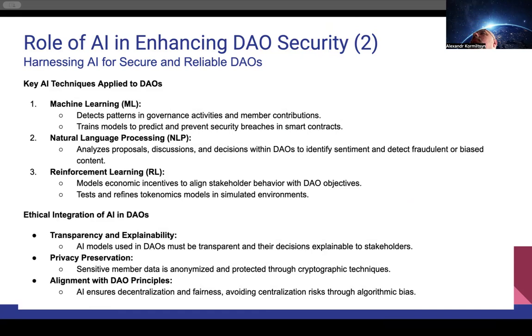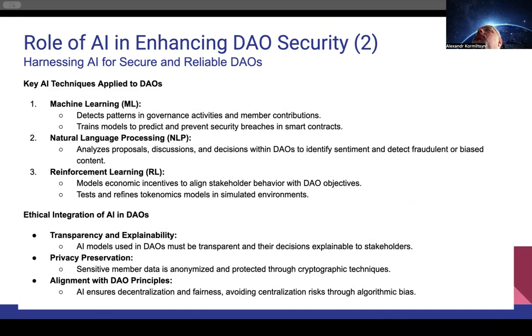AI should be used to ensure decentralization and fairness. This is a particular worry, because while blockchain technology aims to foster decentralization and distribution, we know in DAOs this can definitely collapse, when certain stakeholders have massive amounts of tokens they can stake and overpower voting procedures, leading to some sort of undesirable centralization.